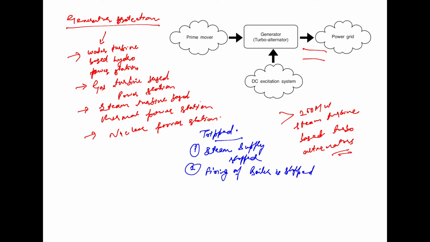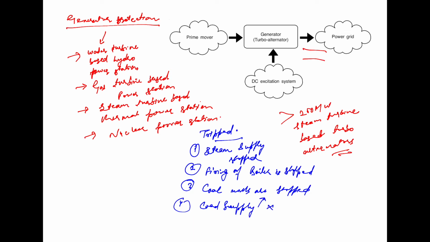Then the coal mills are stopped. Again, the coal supply to the coal mills is also stopped.